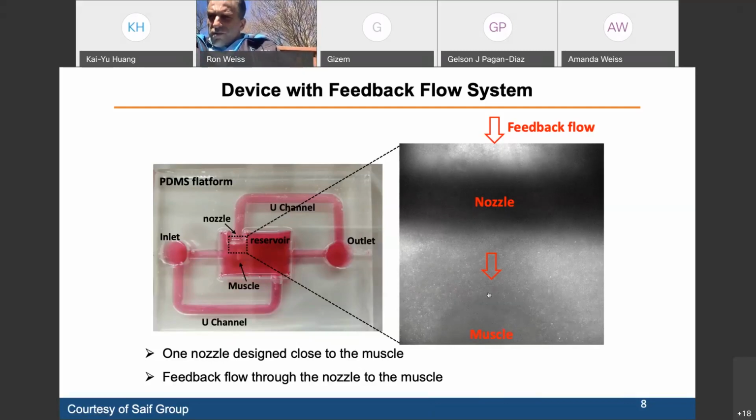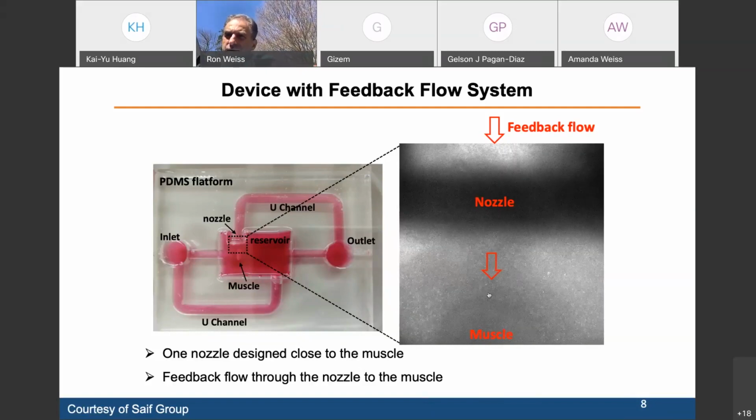Later we were trying to couple this muscle ring with the neurons, and there's a lot of potential we can think about. Maybe we can make some self-tuning biopump, depending on the chemical concentrations in the feedback loop system.